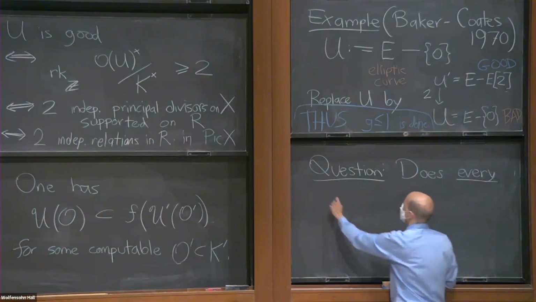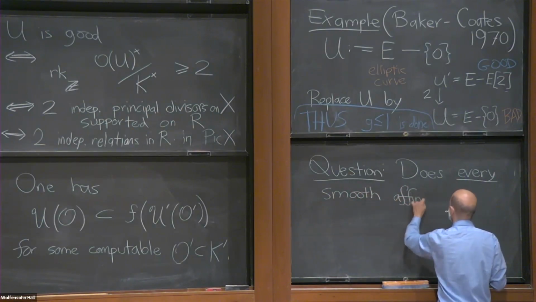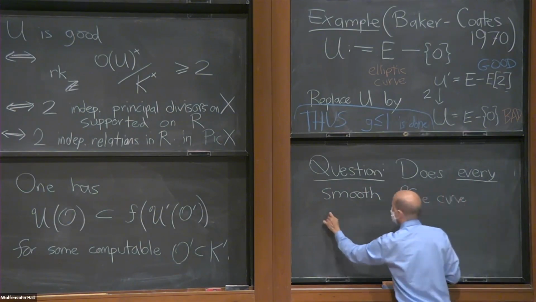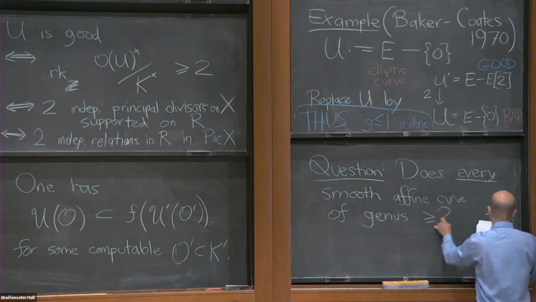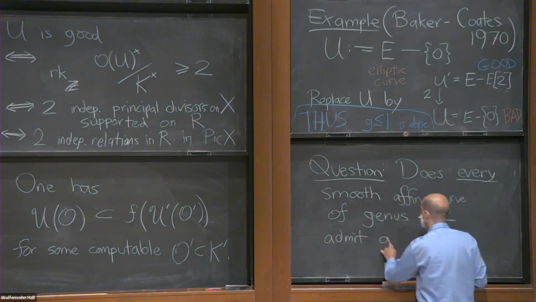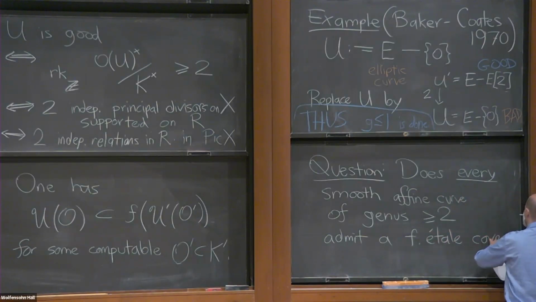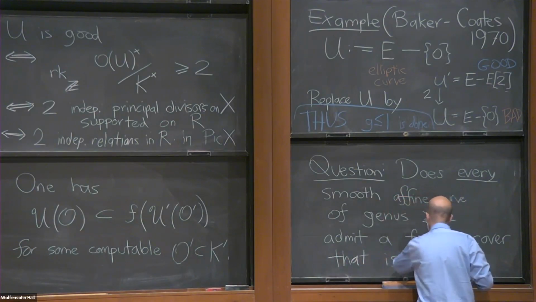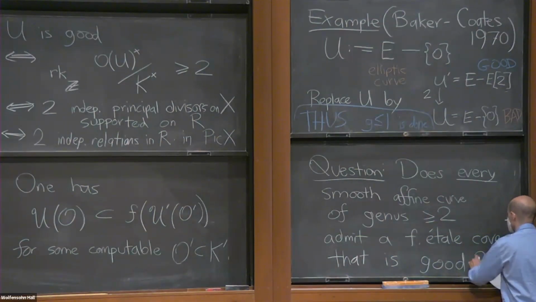So does every smooth affine curve over any number field, of genus at least 2, admit a finite étale cover that is good? This is the big question that I want to talk about for the rest of the talk.